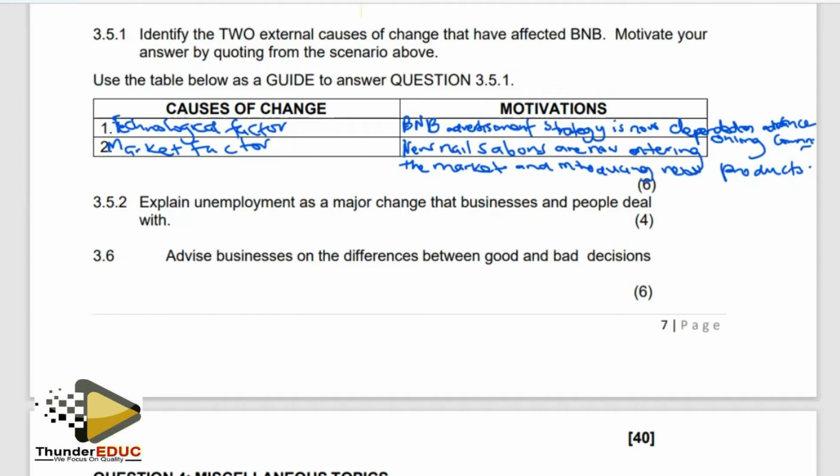Sometimes businesses may close down. Retrenchment, that is one. That is because the company can no longer meet its financial obligations, so it lays off some workers, or when the business is closing down, it may lead to unemployment.